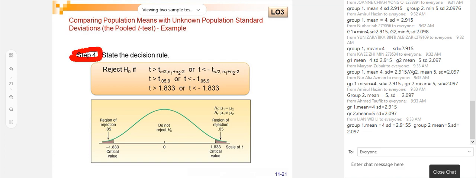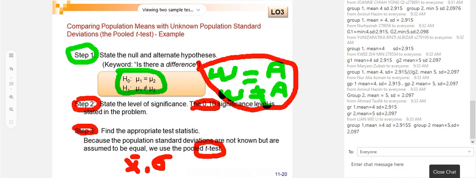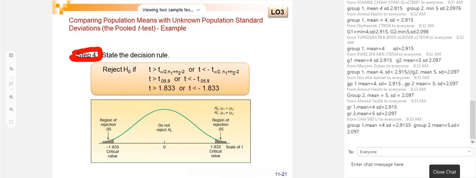We reject H0 if the T is more or lower than T alpha divided by 2, n1 plus n2 minus 2. So now alpha given the equation is berapa? 0.10. Okay, alpha is equal to 0.10. Then alpha divided by 2, n1 plus n2 minus 2.